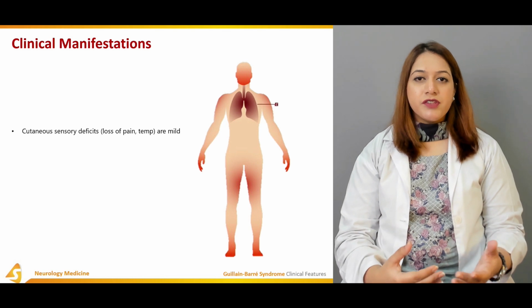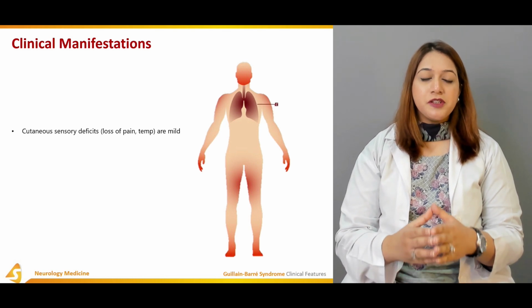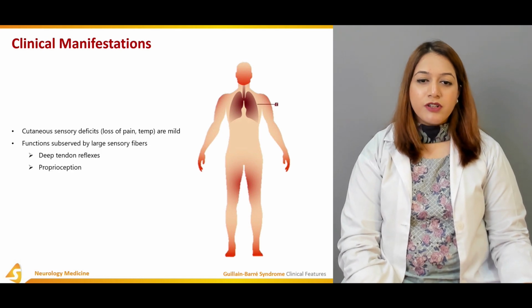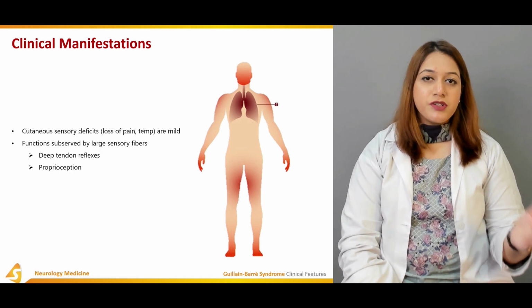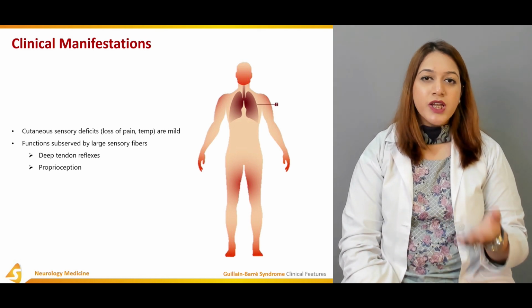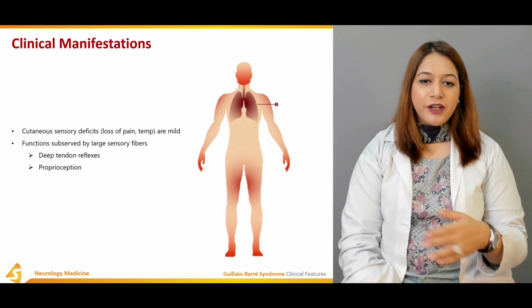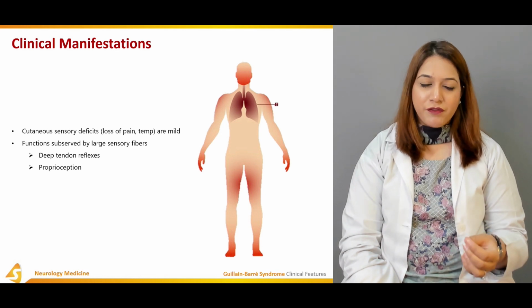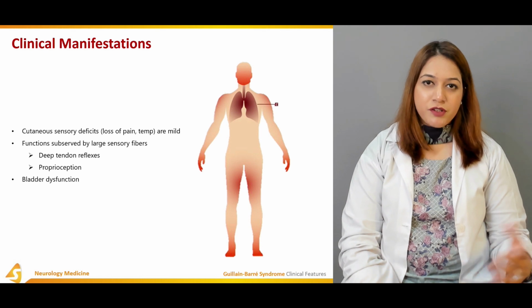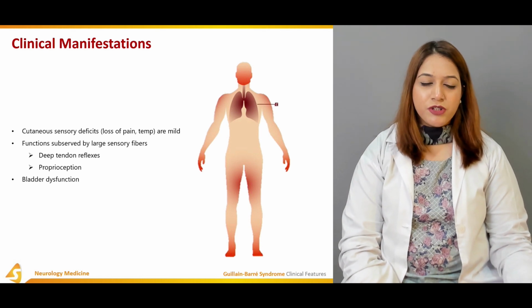Cutaneous sensory deficits such as loss of pain and temperature are mild, but functions that are subserved by large sensory fibers, like deep tendon reflexes or proprioception, are severely affected. Then we have already discussed that there is bladder dysfunction, which is found in GB syndrome.